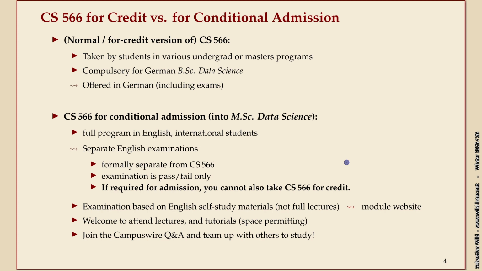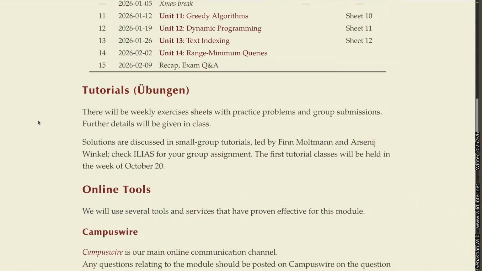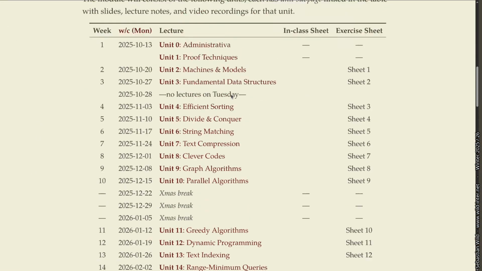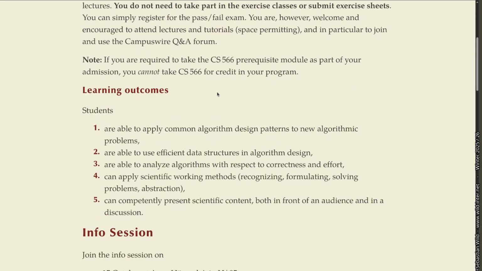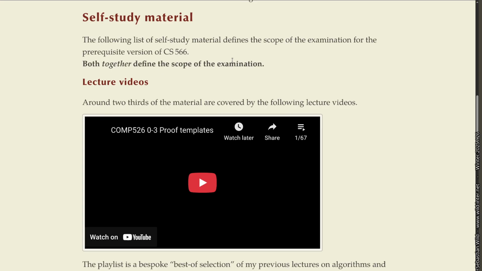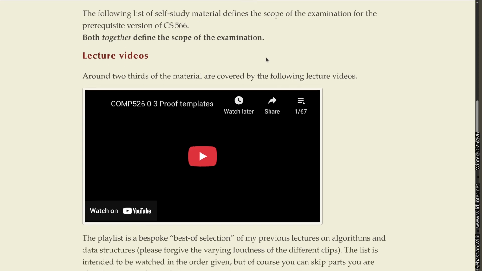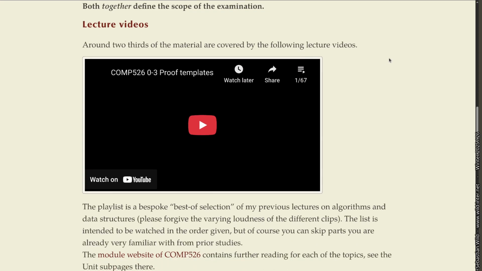There's a decent overlap in terms of the material that we cover, but it's not identical. And to be specific, the material that counts for the prerequisite students is linked here on this separate page. And it's exactly what is listed there that is relevant for the exam for the prerequisite students.